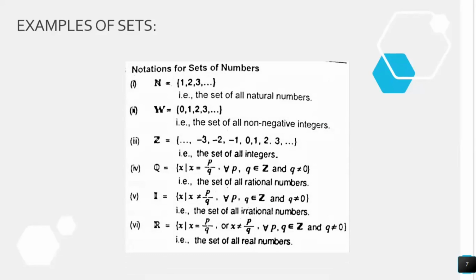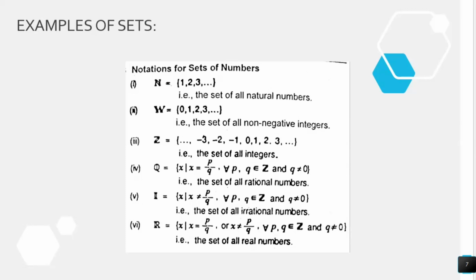Another is a set of all non-negative numbers, so we will make a set of whole numbers. Another is a set of all integers. Another is the set of all rational numbers that I have told you before. After that, the set of all irrational numbers: X should not be in the form of P upon Q, and Q should not be equal to 0.